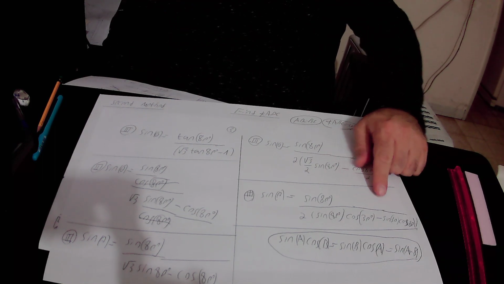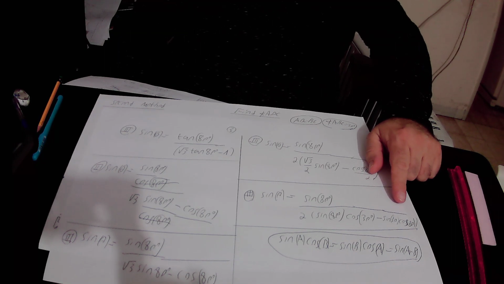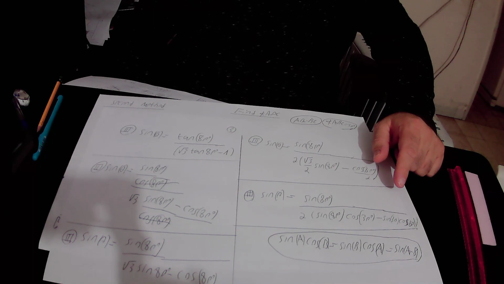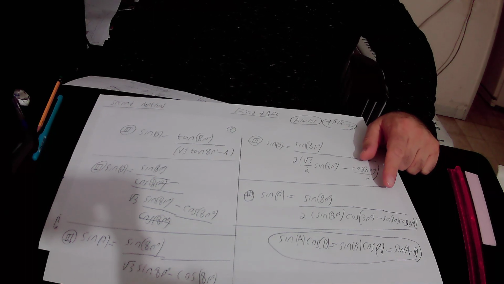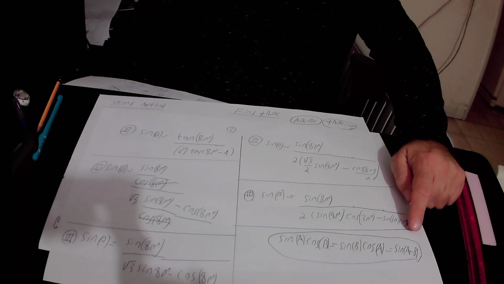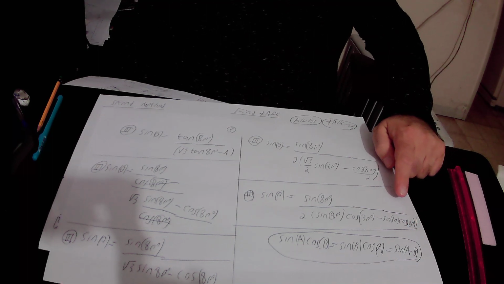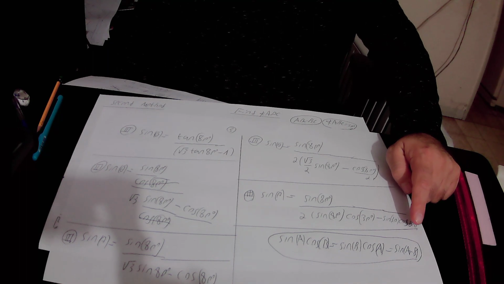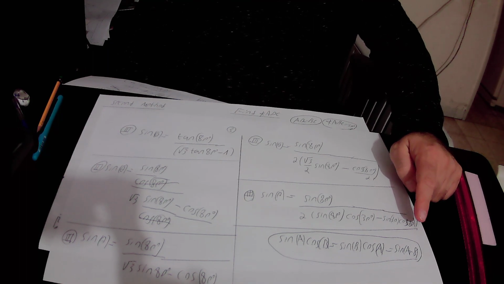So this expression, sine 80 degrees times cosine 30 degrees minus sine 30 degrees times cosine 80 degrees, is very similar to the trigonometric identity that states that sine A times cosine B minus sine B times cosine A equals sine of A minus B. So according to this trigonometric identity, we can substitute our expression by sine of A minus B when A equals 80 degrees and B equals 30 degrees.